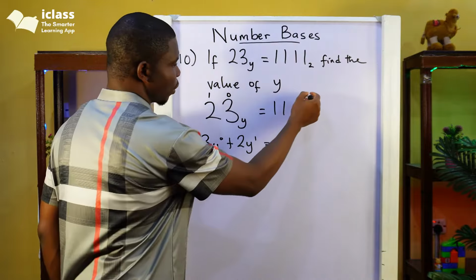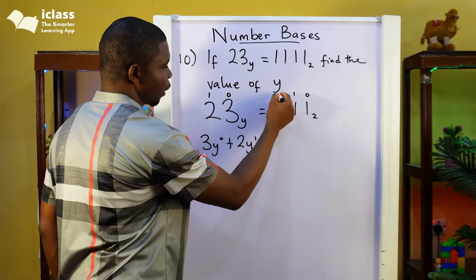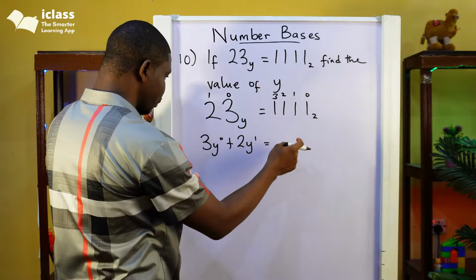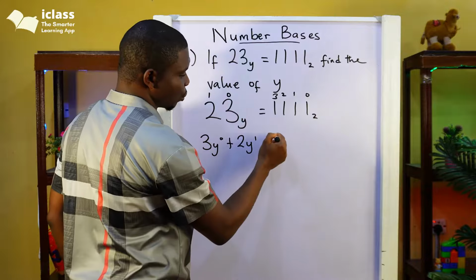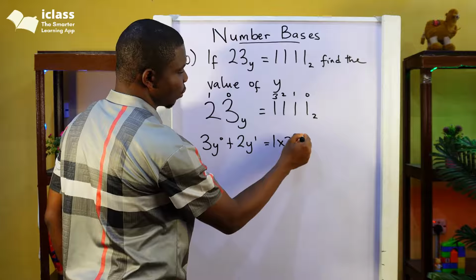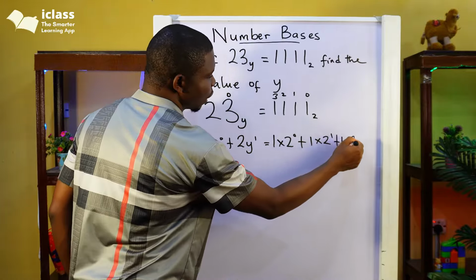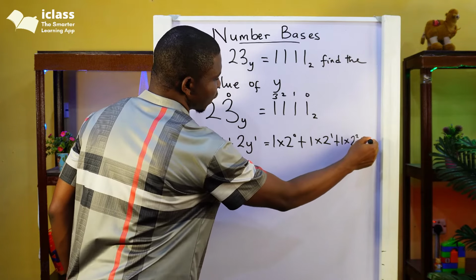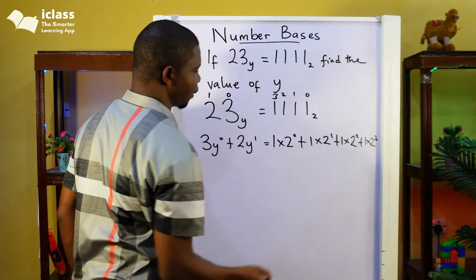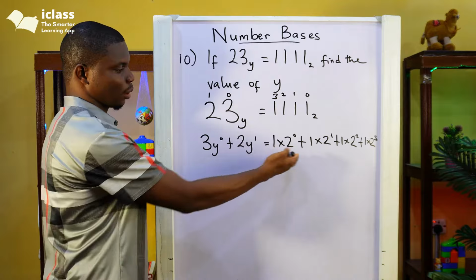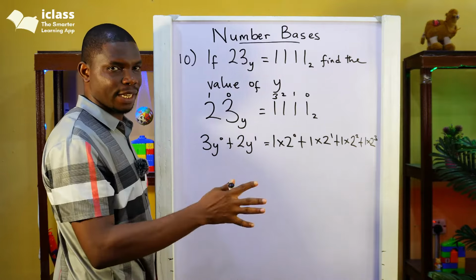This is equal to, labelling 0, 1, 2, 3, 1 times 2^0 plus 1 times 2^1 plus 1 times 2^2 plus 1 times 2^3. So both numbers are now in base 10.